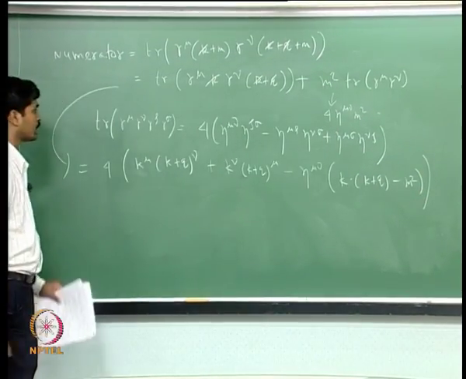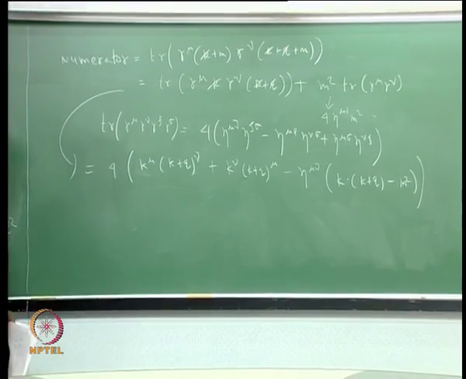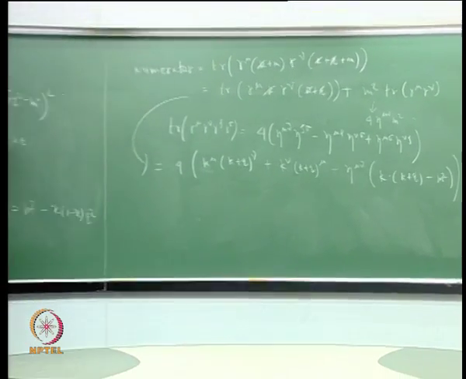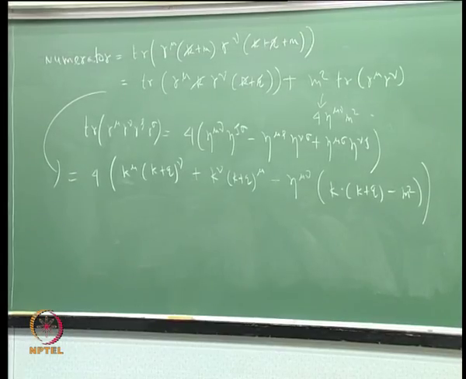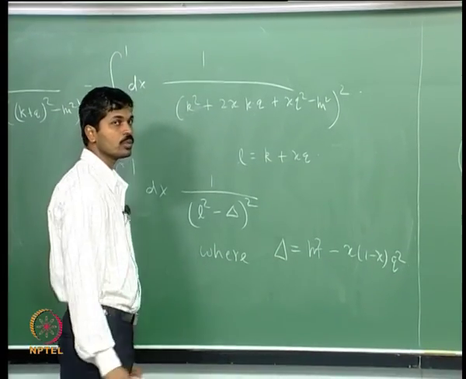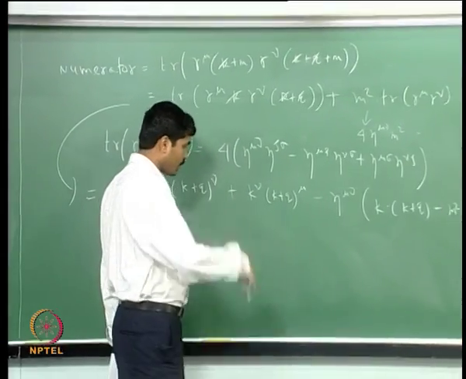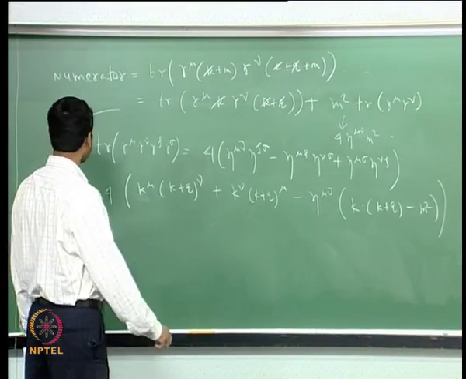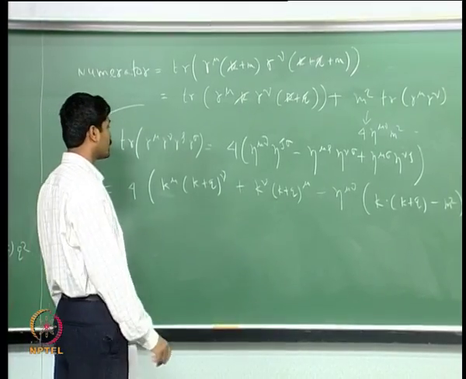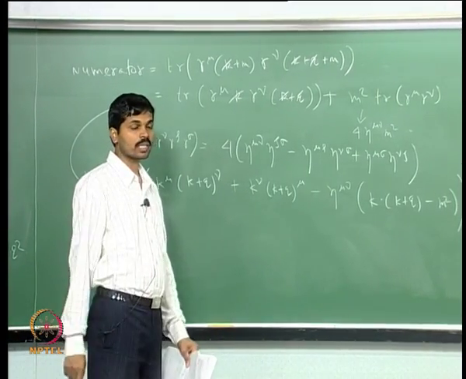This is my numerator, but now I have introduced this variable L, which is k plus x q, and I would like to express this numerator in terms of L. And I know the denominator is a function of L square.